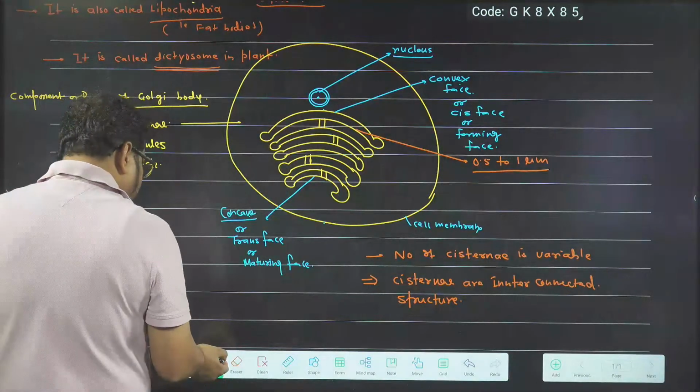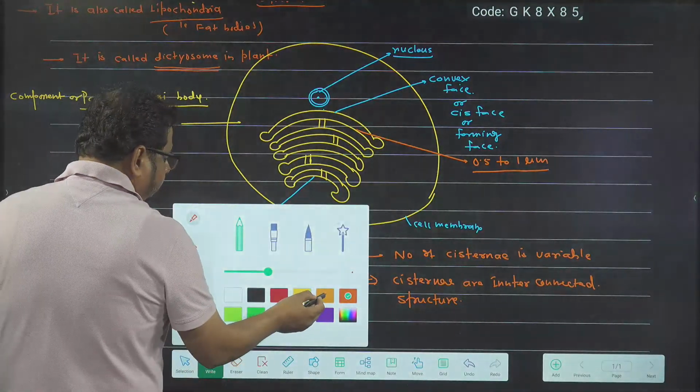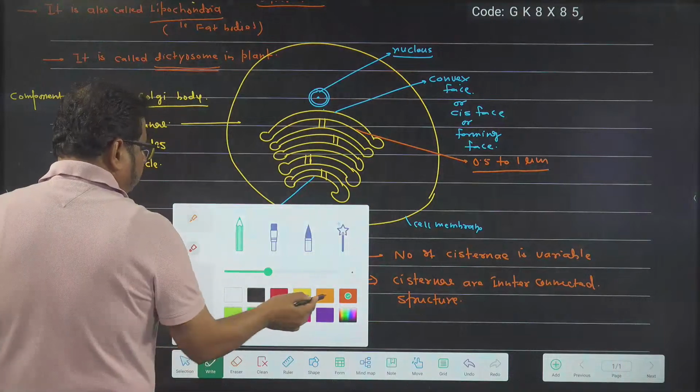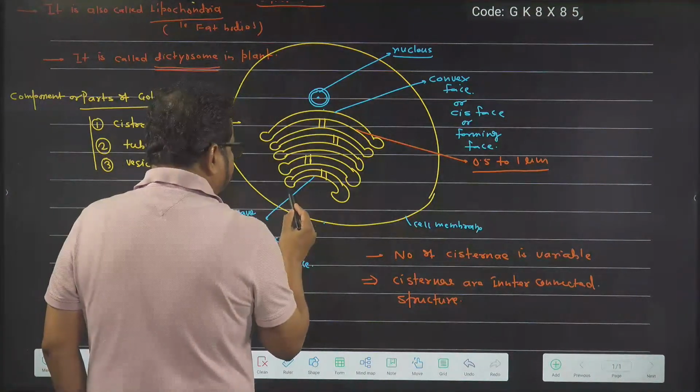Now another component is tubule. If I draw the structure of tubules of the Golgi complex, you can see it like this.